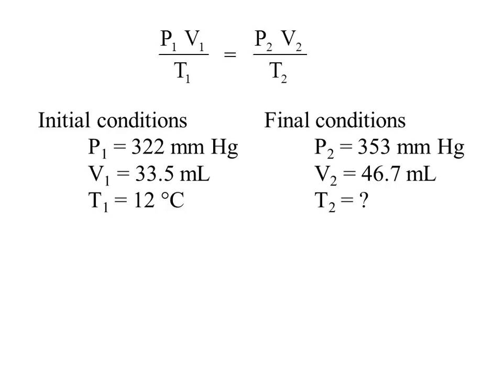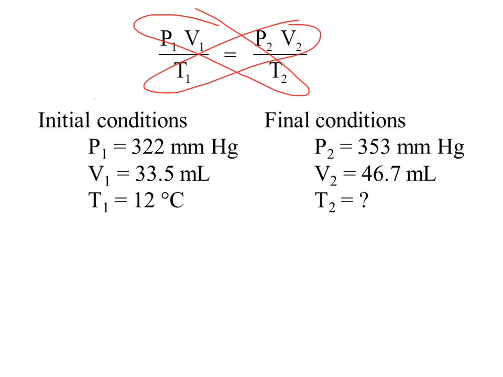What I would do, if I was doing an answer key, is flatten this out because I'm going to solve for T2. This is my crisscrossing. I'd have P1, V1, T2 is equal to P2, V2, T1. That's how I learned it. And then I'm going to get T2 by itself.